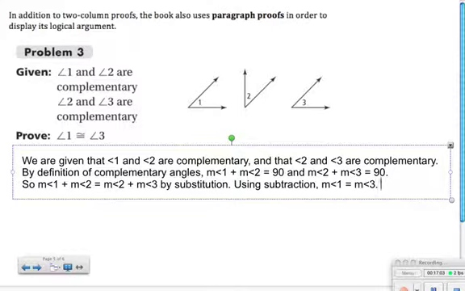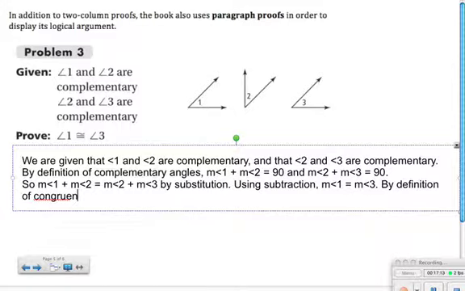It's the definition of congruent angles, yes. By the definition of congruent angles, angle 1 is congruent to angle 3. By all means, use the symbol in your notes. I just don't have a congruent sign on my keyboard.